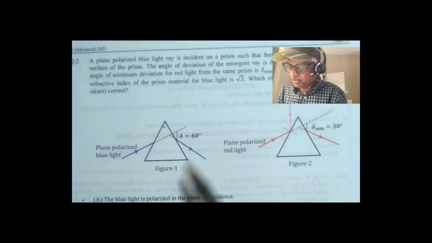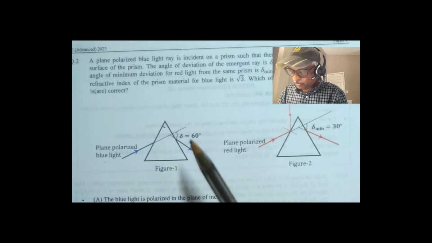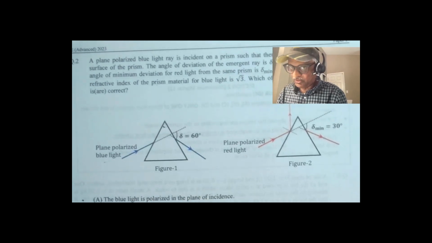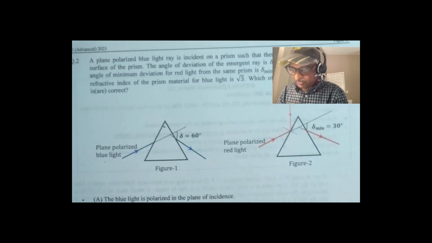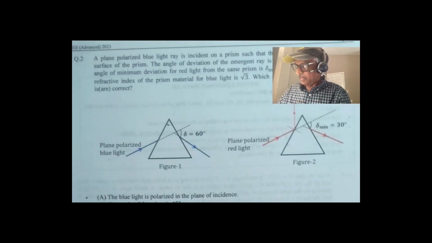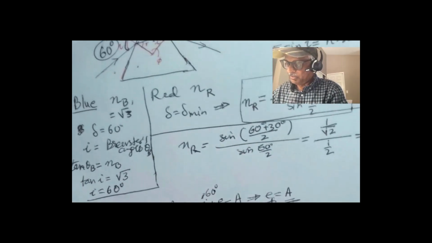Usually for a prism, the deviation angle formula is a lot of work to find on the spot. So I will definitely say there are some formulas it's best for you to memorize.